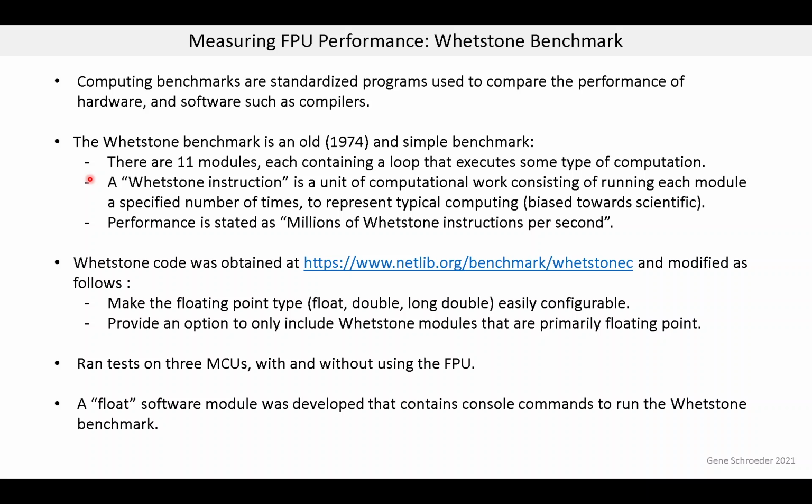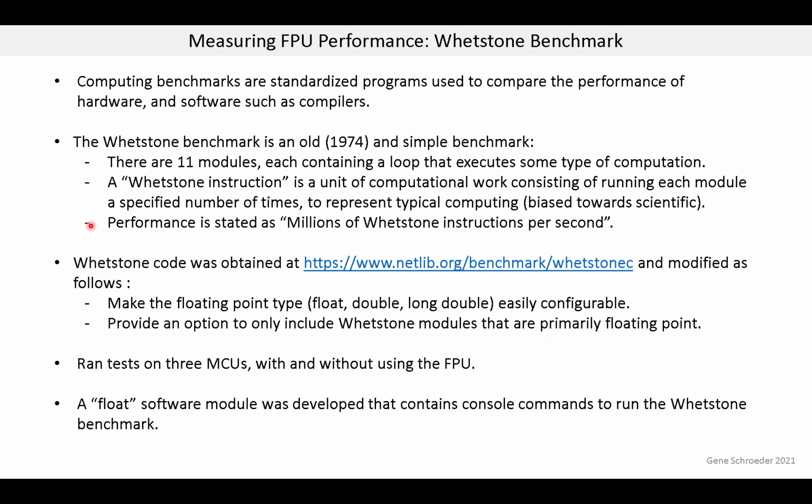It was intended to represent typical computing at the time, but it is known for being biased towards scientific computing, and that's another way of saying floating point. Of course, that's what I want for this test, so that was great. Anyhow, the performance is stated as millions of Whetstone instructions per second, and you'll be seeing some of those figures shortly.